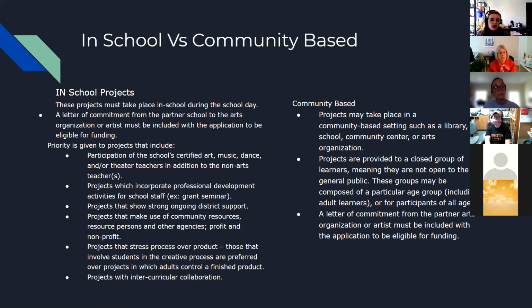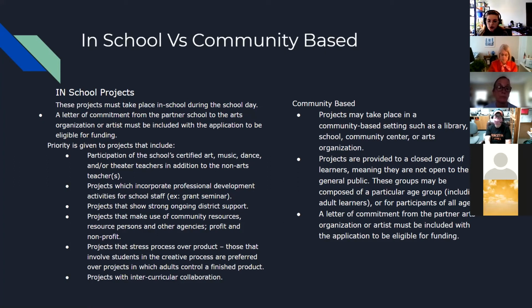Priority is really given to projects that also include the school certified art, music, dance, and/or theater teacher that may also include non-arts teachers. So for example, if you have an English teacher that really wants to enhance an aspect of a book by bringing in an artist to teach what the book is talking about, that could also be funded.